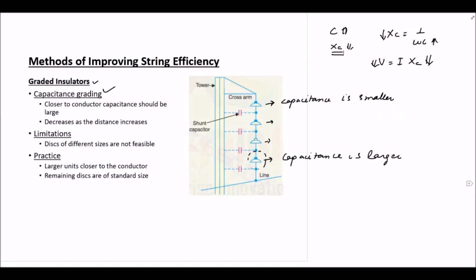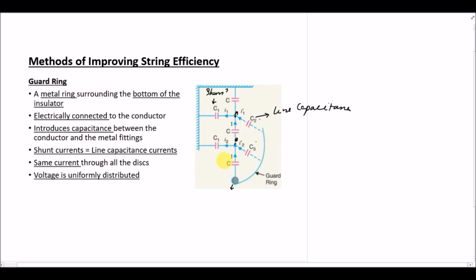The last method for improving the string efficiency was using a guard ring, and this is a metal ring which is attached to the conductor, and it is just enveloping the insulators which are closest to the conductor. So the guard ring will introduce a line capacitance C2, which is just nullifying the effect of C1, which is the shunt capacitance.